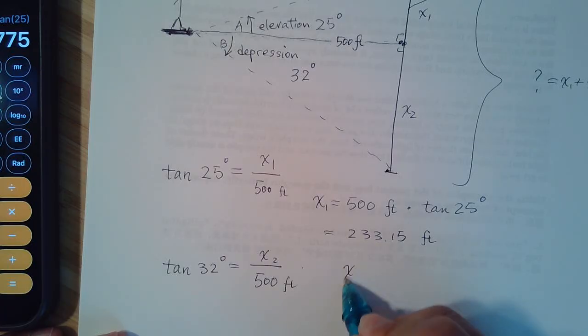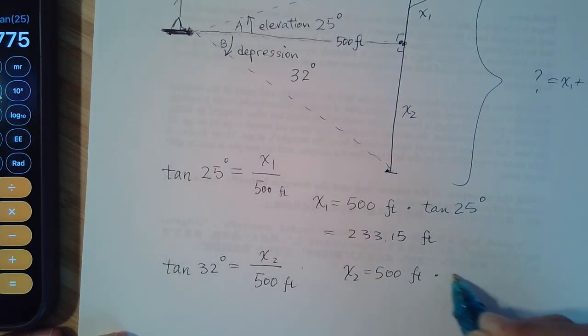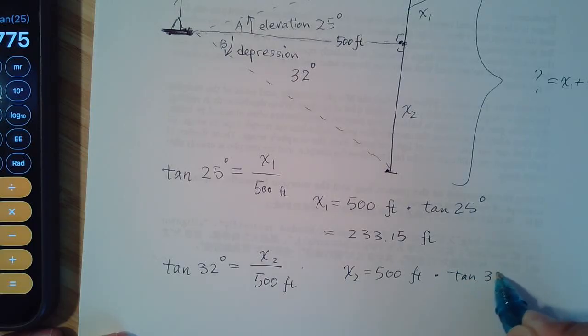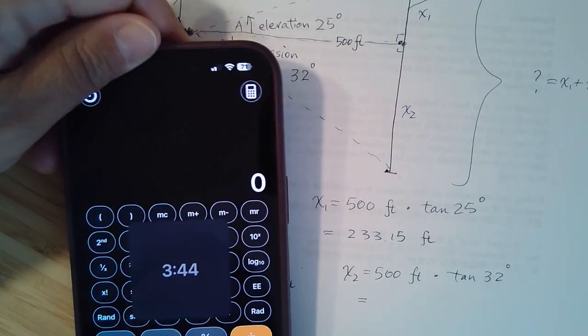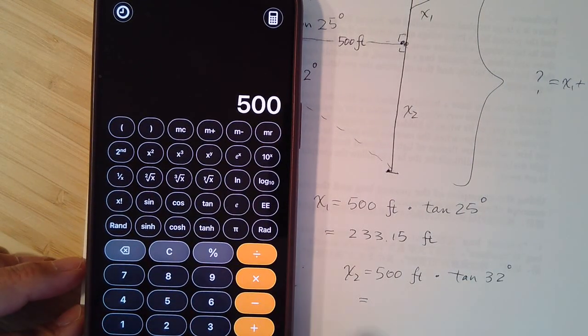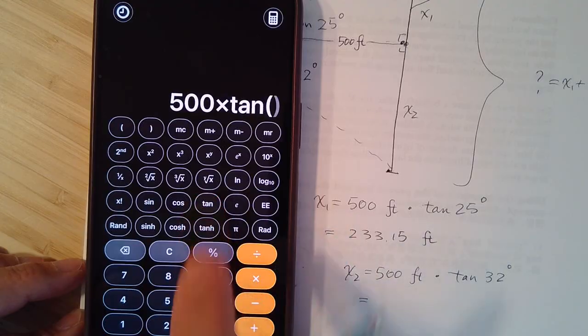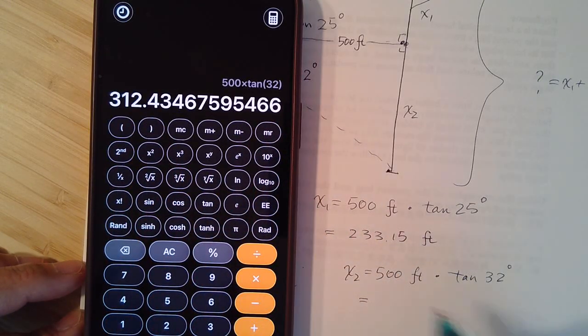So therefore my x2 is going to be 500 feet multiplied by tangent of 32 degree, which is, calculator, it's going to be 500 times tangent of 32 degree. Ding. I got a 312.43.